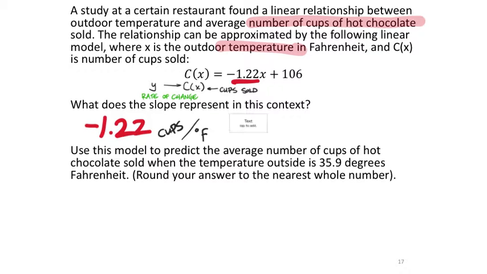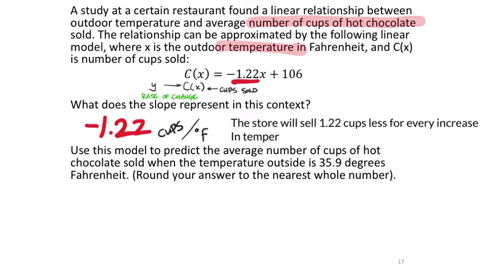Okay, so a perhaps more clear interpretation of this would be that the store will sell 1.22 cups less for every increase in temperature of 1 degree. I think I could have said that better.